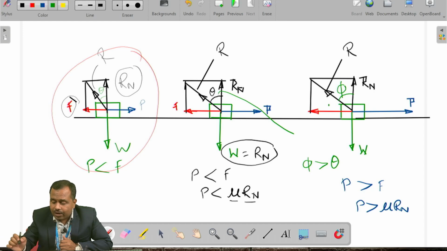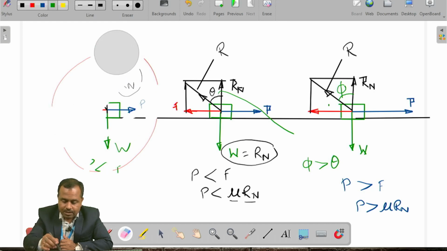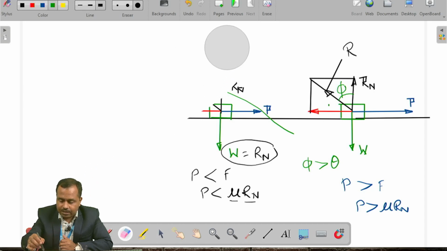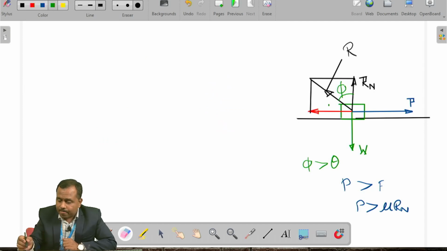Okay, now we are going to discuss the mathematical part of this particular phi, that is friction angle. So I will remove these figures. The last one I'm going to use. Okay, so in the figure you can see that this is the frictional force F, which is equal to mu into Rn.